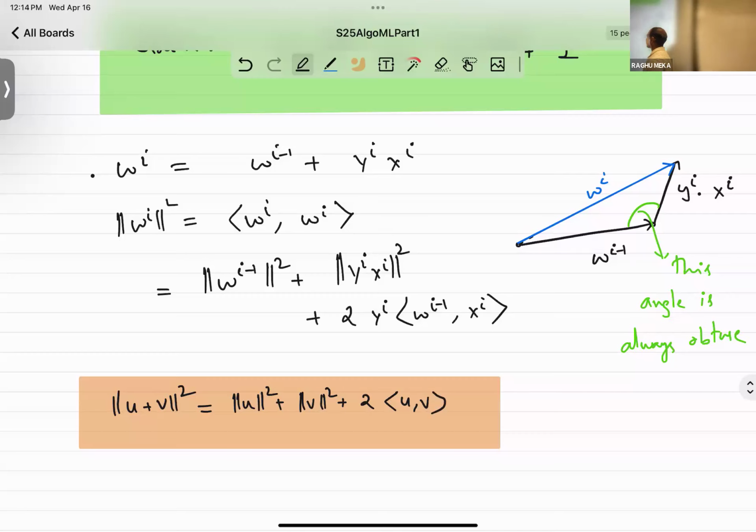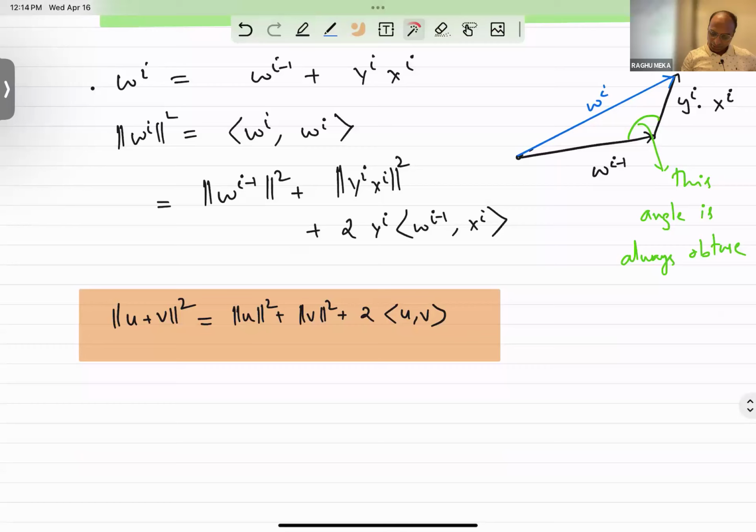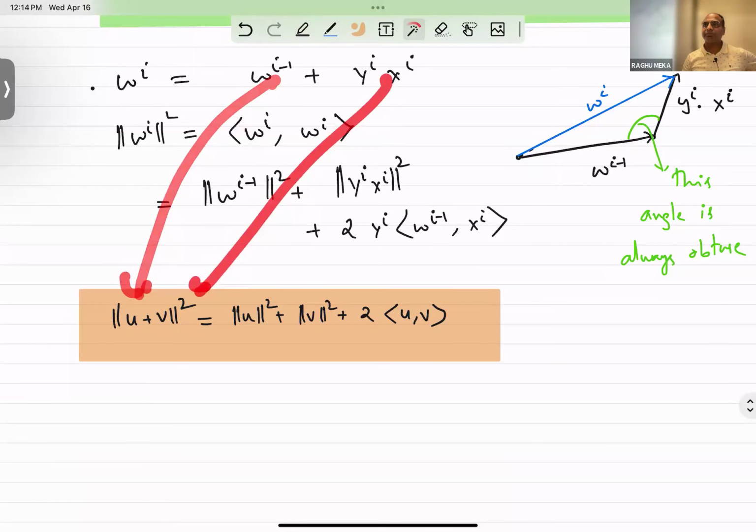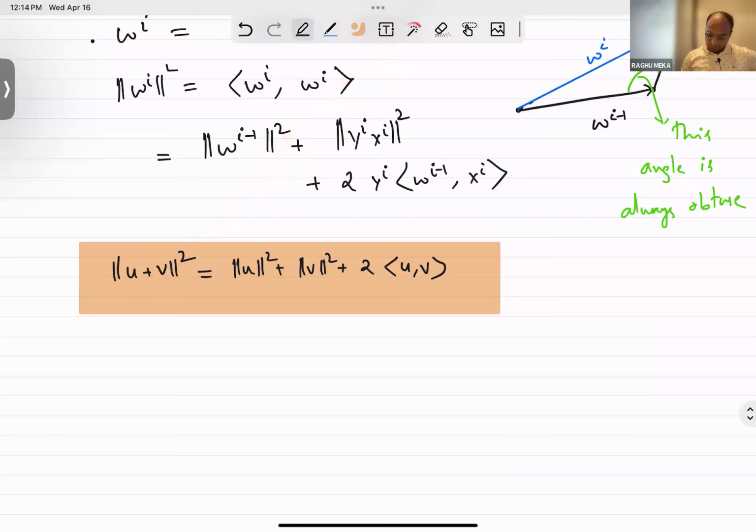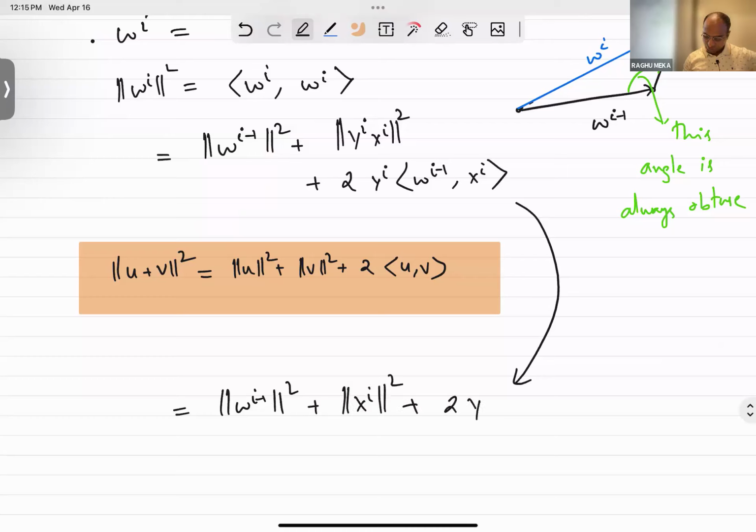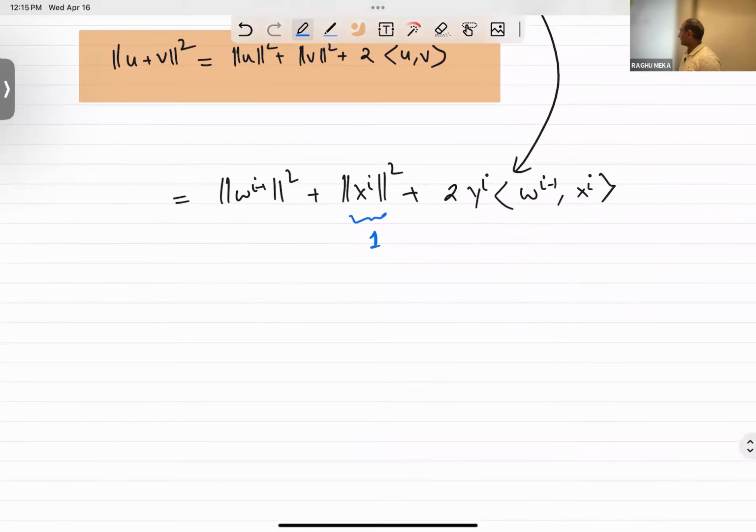This is like the cosine formula for computing the length of the third side of a triangle given the angle between them. So I'm just applying that with this as u and this as v. And so this is norm of wi minus 1 squared plus norm of xi squared plus 2 times yi times the inner product of wi minus 1 and xi. And we know the norm of xi squared is just 1, because we normalized everything so that all of our points are on the unit sphere. And what about the second term?